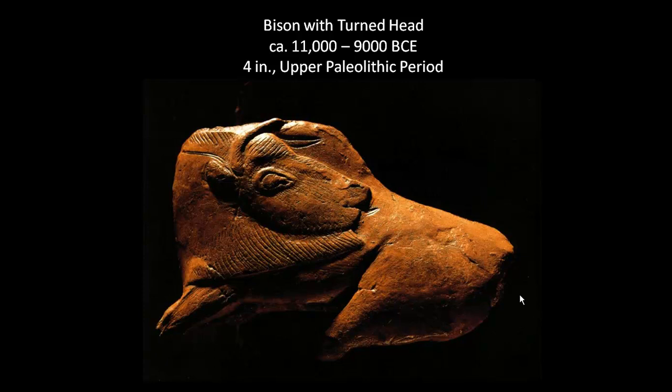This idea of this animal moving. Look at the diagonal positioning of the legs. Maybe it's running, maybe it's jumping. It's like turning its head back to look as it propels itself through space. This idea that we get the sense that it's alive, that it has a sense of energy.